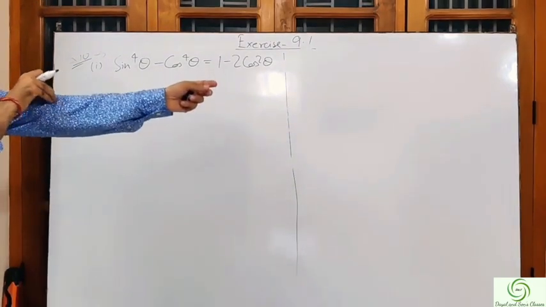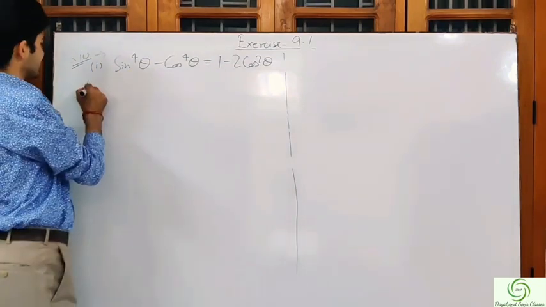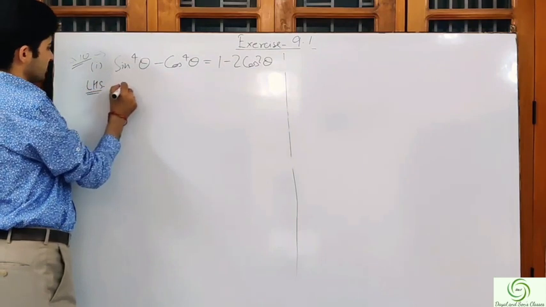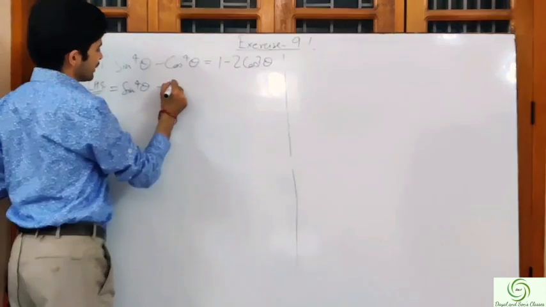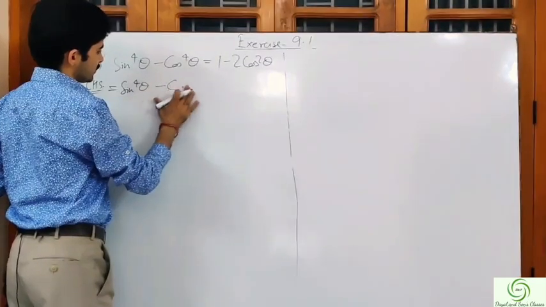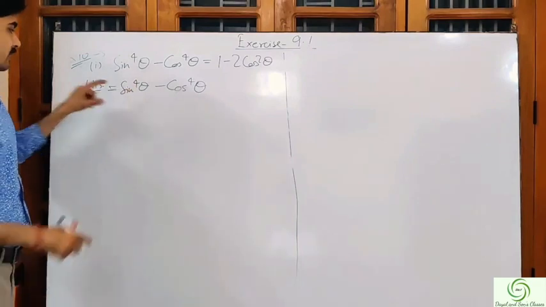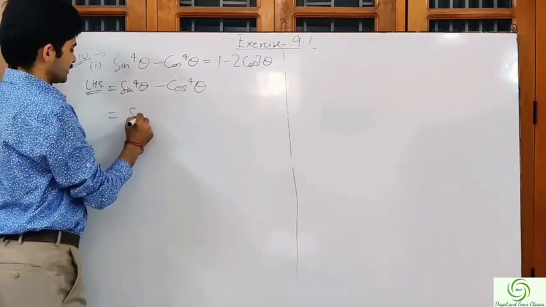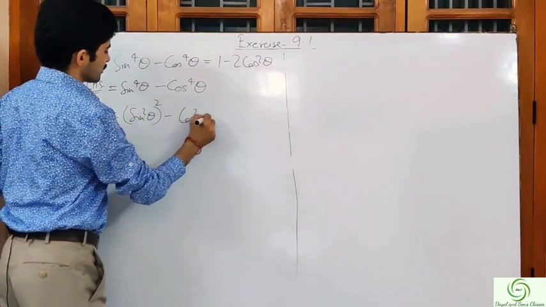Now how to solve this? Let us see. Left hand side is equal to sin 4 theta minus cos 4 theta. Now sin 4 theta I can write as sin square theta whole square minus cos square theta whole square.